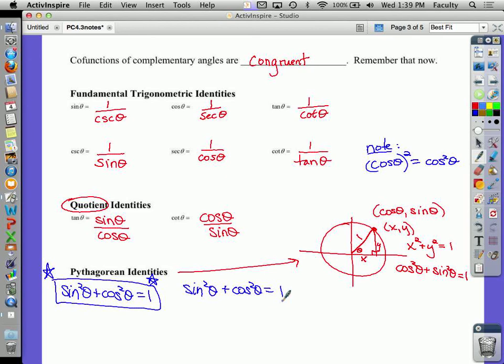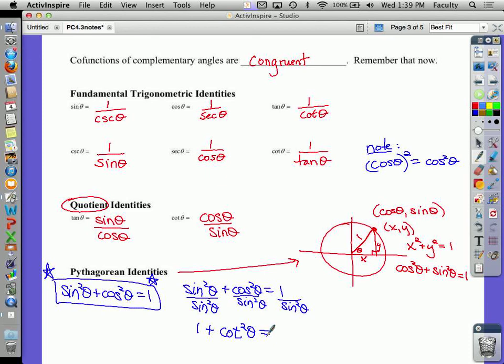If I have sine squared theta plus cosine squared theta equals 1, watch what I can do. This is really cool business. If I divide by sine squared theta, I'm getting 1 plus cotangent squared theta equals, what's 1 over sine squared theta equal to?